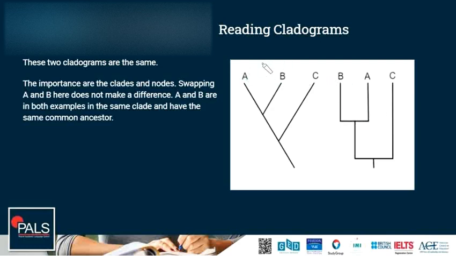The more important difference is when we look at A and B here, we see that this is swapped, B and A. The important thing is that we have to look at the lines and the nodes, and we can see that the node here and here is the same in both cases. So these two cladograms are exactly the same. A and B in both examples have the same common ancestor.